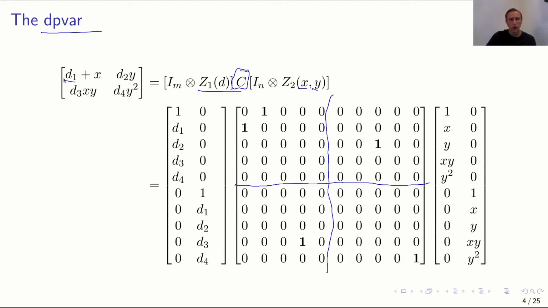Then to describe, for example, this top left element, we note that we need to multiply the decision variable d1 with the constant value 1, for which we have this non-zero located over here. To describe the second term, we need to multiply the constant value 1 with the polynomial variable x, for which we have the non-zero value 1 over here.